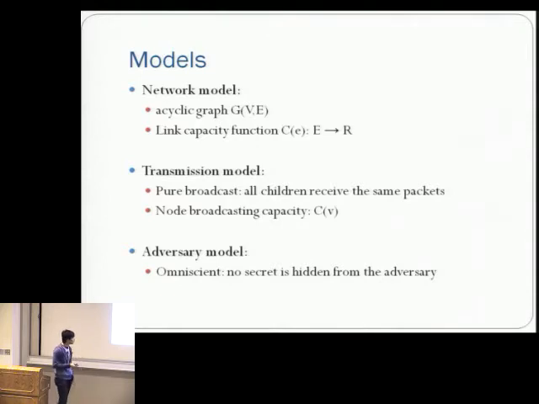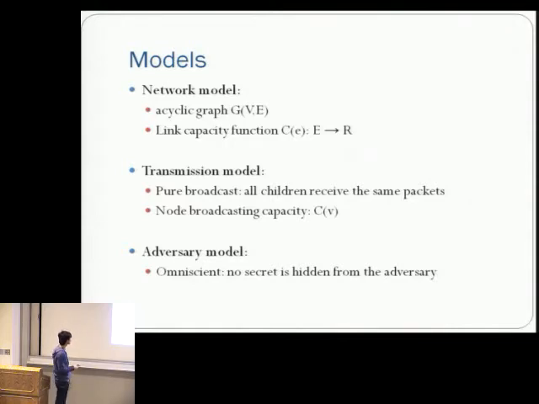Then for the transmission model, during this talk we will only consider the pure broadcast transmission model, in which all the children of the transmitter receive the same packet and receive all the packets that are being transmitted by the parents.